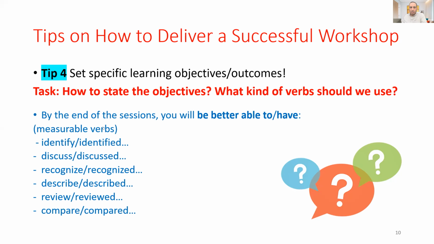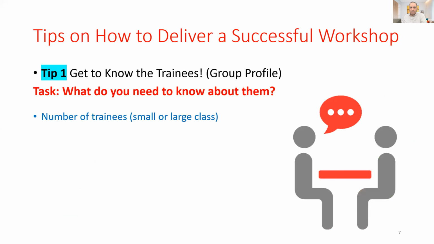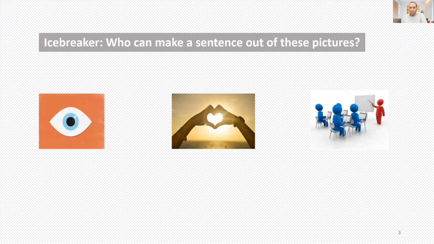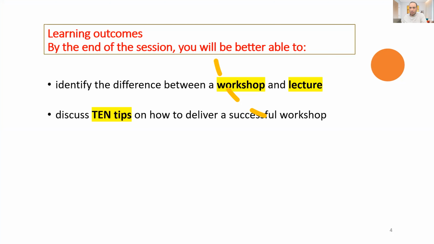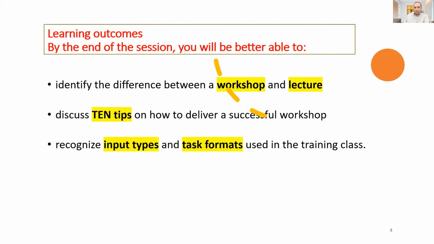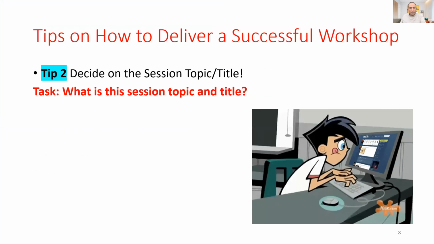And if we go back to the objectives of this session, you can have a look at them now. Are they measurable? Yes, of course. They are very clear: identify, discuss, recognize, compare, differentiate. Good. Okay, so this is tip number 4.